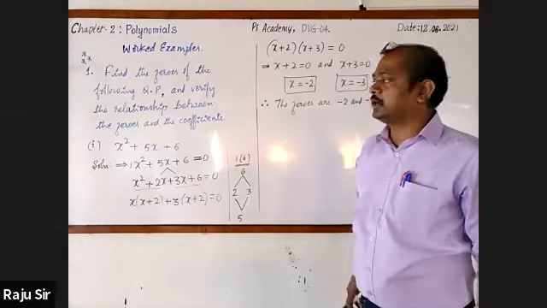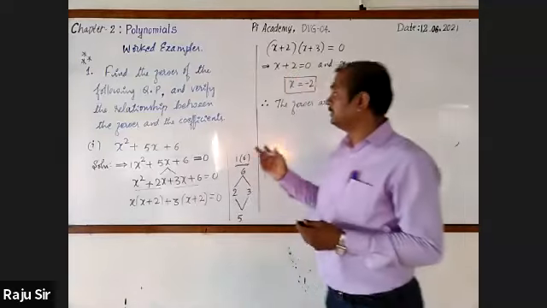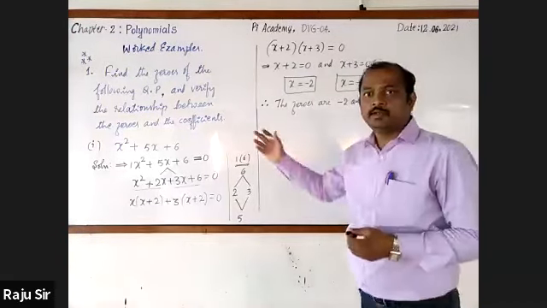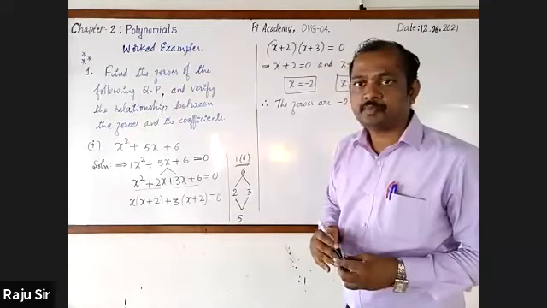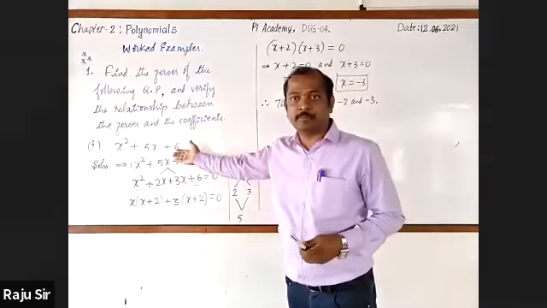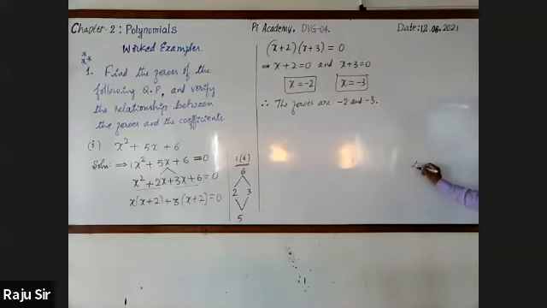Now let us focus on the second sub question: verify the relationship between zeros and coefficients. Please stop writing. Now you observe. Dear students, you know that it is a quadratic polynomial, and the relationship between zeros and coefficients of a quadratic polynomial we have already come across. It is alpha plus beta is -b by a, and another one is alpha into beta equal to c by a.